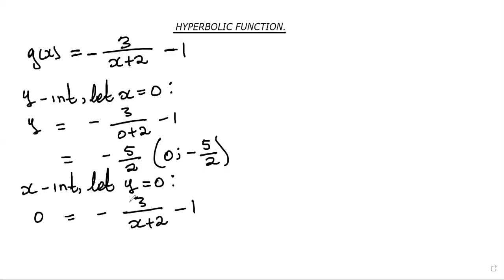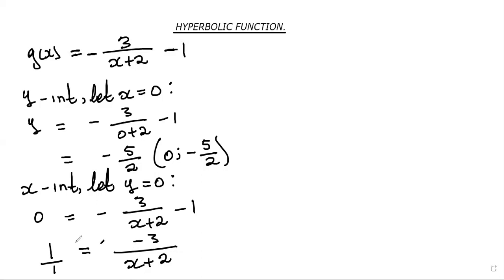So let's take negative 1 to the left. When it gets to the left, it becomes positive. And then let's take this negative and give it to the numerator. So it's negative 3 over x plus 2. But of course, you understand that the denominator of 1 is actually 1.